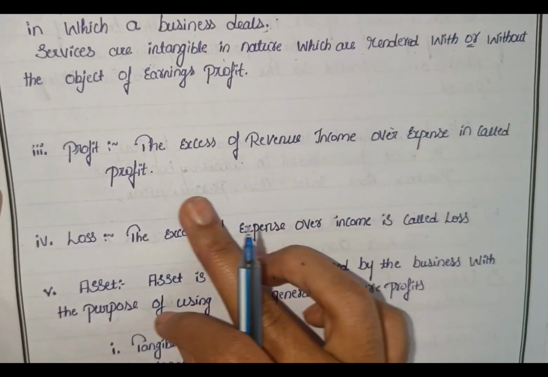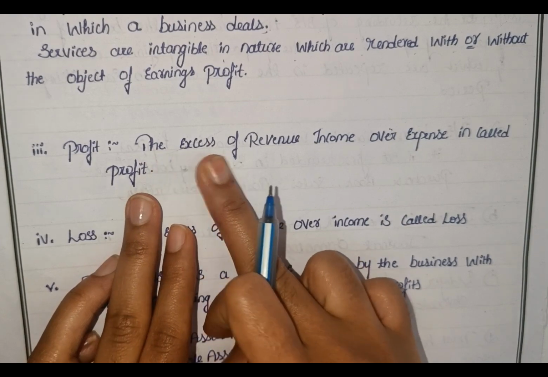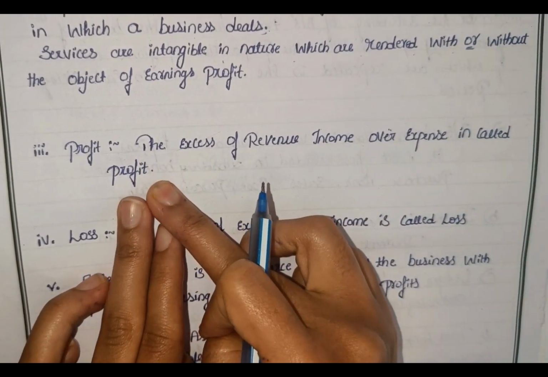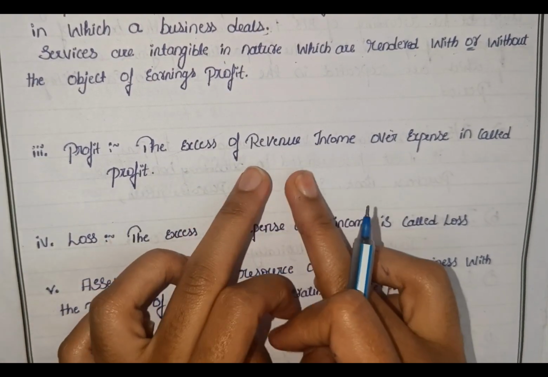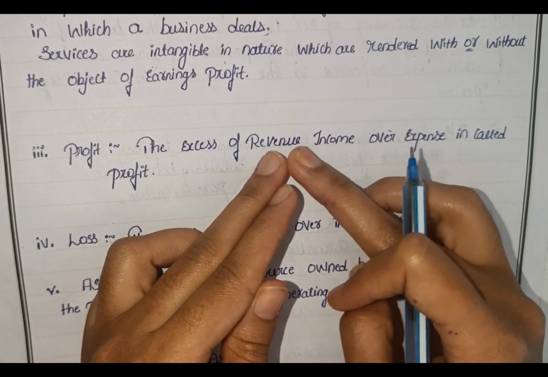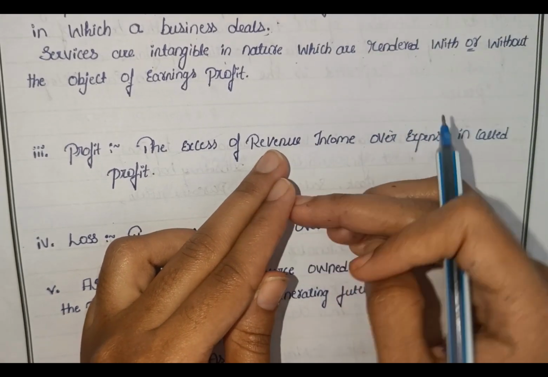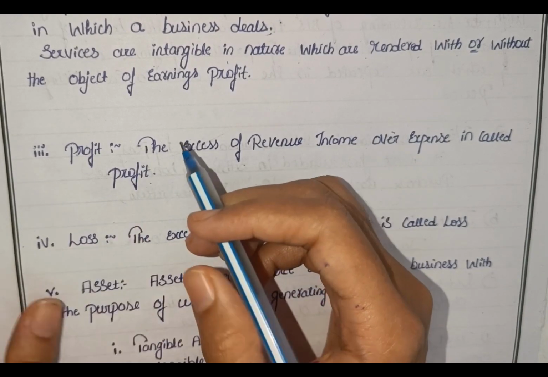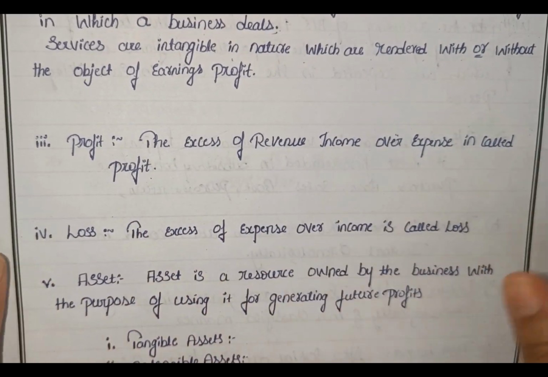Next is profit. The excess of revenue income over the expenses is called profit. During an accounting period, if a person generates more income than expenses, that is called profit. Profit is always good for companies.